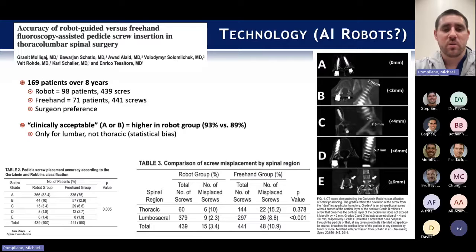And this finding was only significant for the lumbar screws as compared to the thoracic screws, which to me was a little bit interesting. I figured that the thoracic screws would be harder with the smaller pedicles. But they seem to think that it was secondary to a statistical bias, because there were significantly more lumbosacral patients as compared to the thoracic, which you can see there's 380 essentially lumbosacral screws compared to 60.